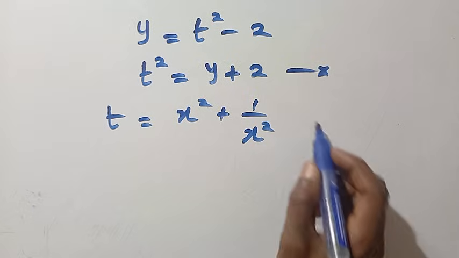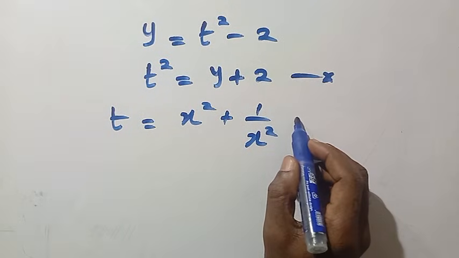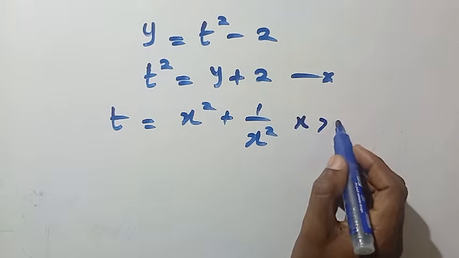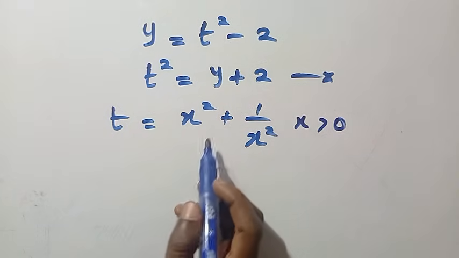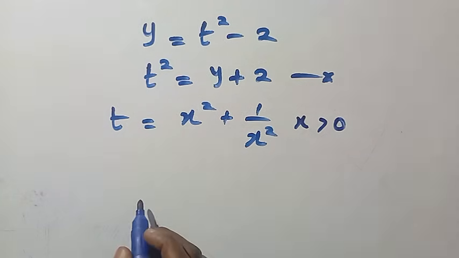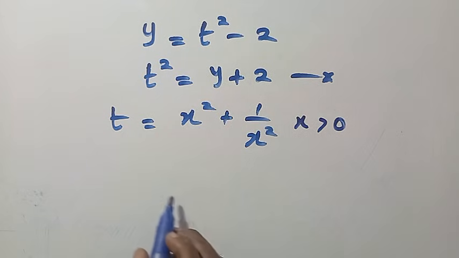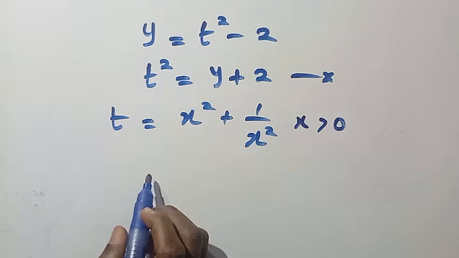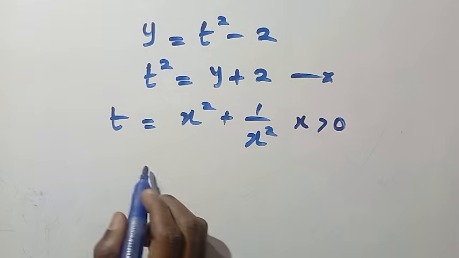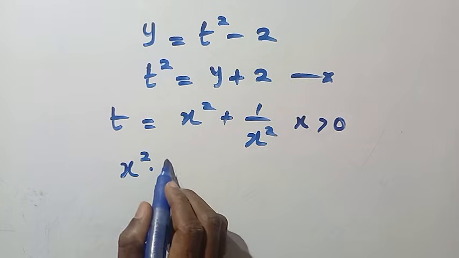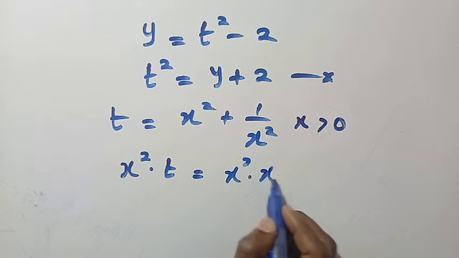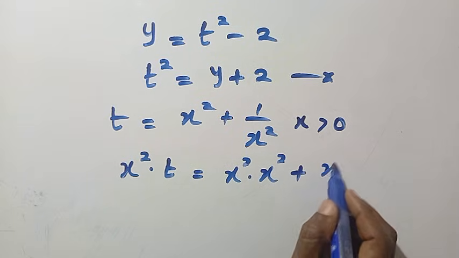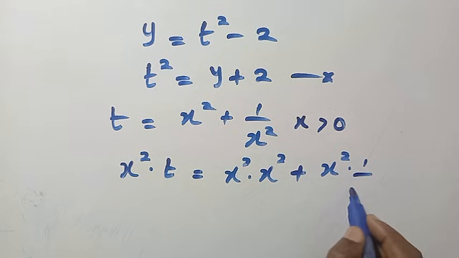With this, we know that x is greater than 0, and we want to solve for x squared in terms of t. So if I multiply both sides by x squared, we have x squared multiplied by t equals x squared multiplied by x squared plus x squared multiplied by 1 divided by x squared.